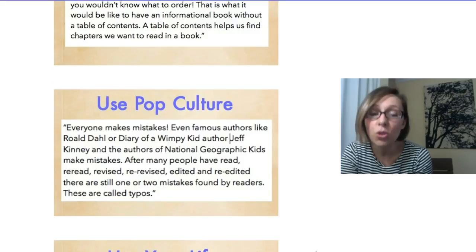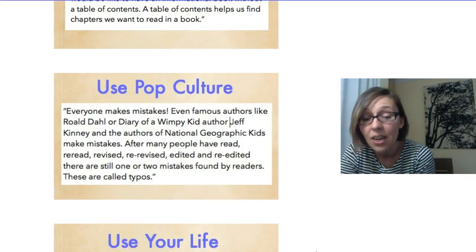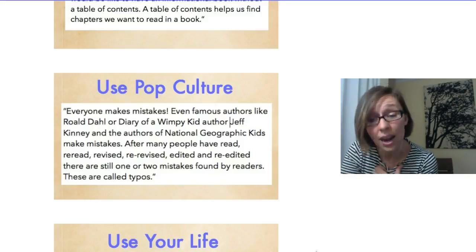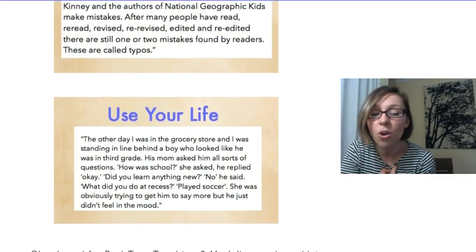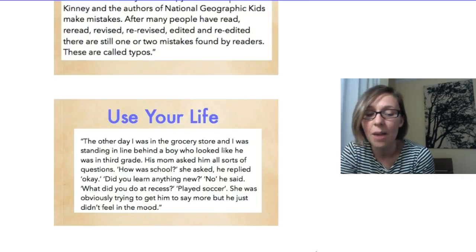Using pop culture, talking about Diary of a Wimpy Kid or Minecraft with your students, trying to make the connection between what skills you're teaching and the things students are interested in really grabs their attention. Use your own life. Tell your students a story from when you were a kid. They love that. These are great ways to hook your kids.